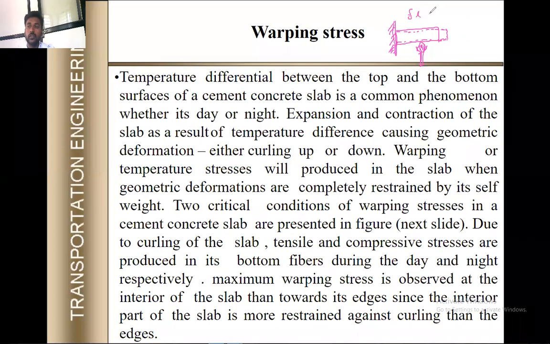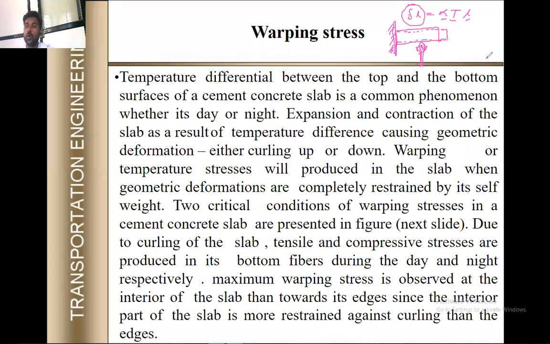The change in length is equal to alpha T L. Alpha is the coefficient of thermal expansion, T is the rise in temperature, L is the original length. So by this we can calculate the change in length. You might have seen this formula in strength of material. So the length will go on increasing on heating.